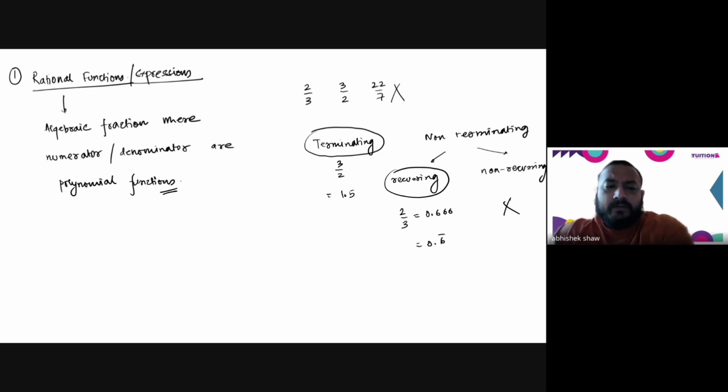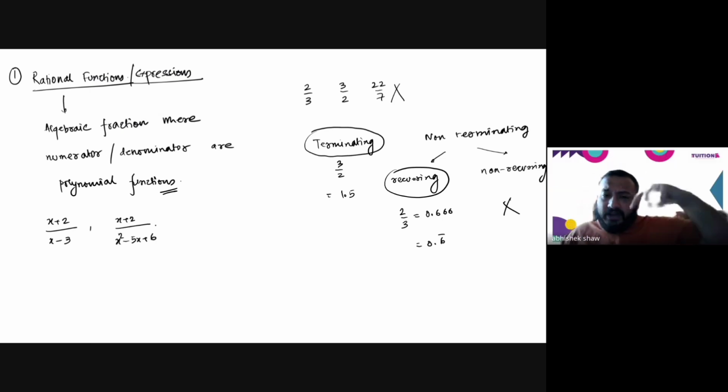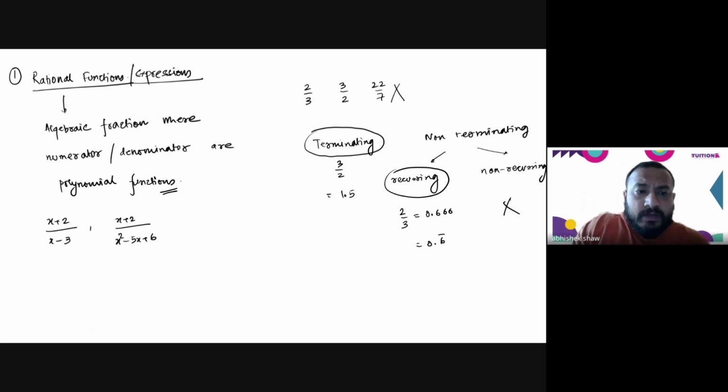Now, when I say polynomial function, what exactly do I mean? Let's say if I take x plus 2 over x minus 3, this is a rational expression. Let's say if I take x plus 2 over x square minus 5x plus 6, I have a linear expression in the numerator, a quadratic expression in the denominator.